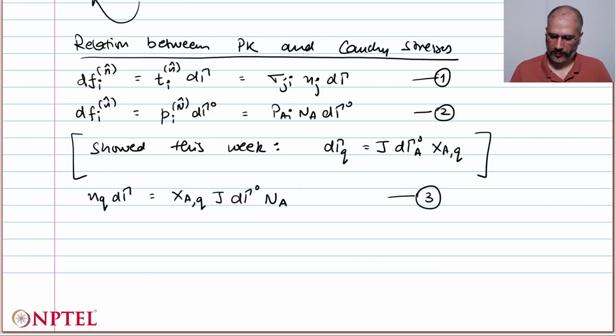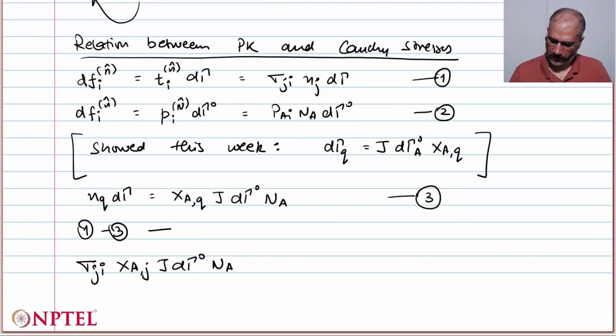So now if we use equations 1 to 3, from equation 1 I will express my n_j dΓ using the equation 3 expression here in terms of dΓ naught, and then from equation 2 we have P_iA N_A dΓ naught, and that's a 0.